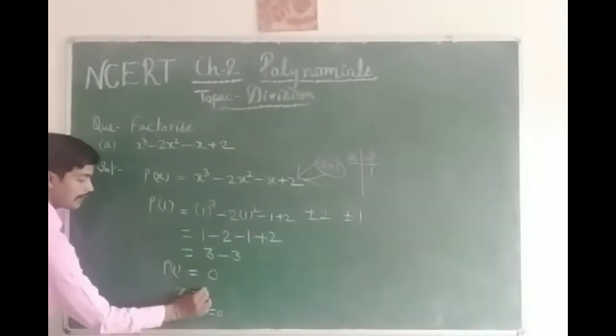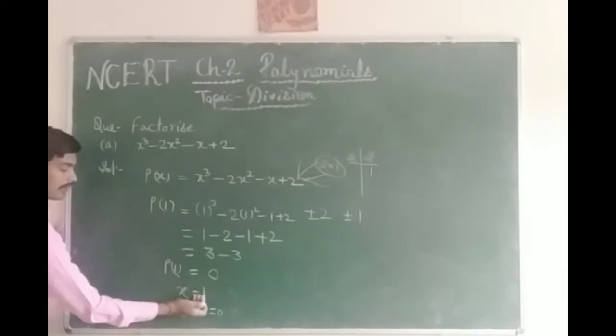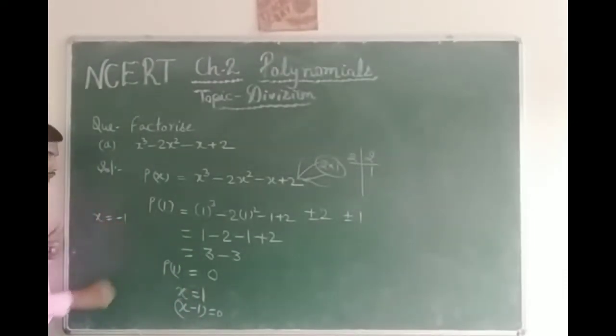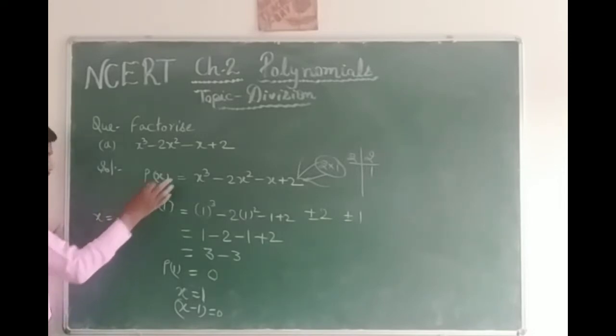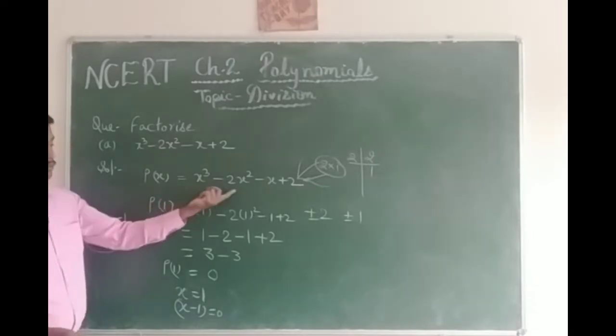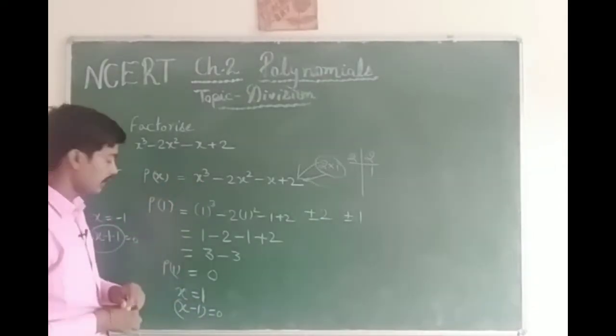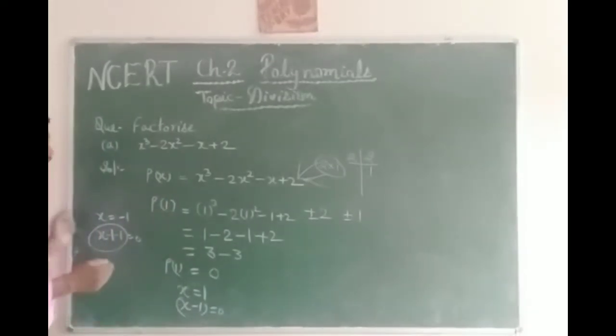Means whatever value makes this binomial zero, we write x equals that value. Let us suppose minus 1 satisfies this binomial, then when we transfer it to the LHS, it becomes x plus 1 equal to 0. It means x plus 1 would be the factor, but here x minus 1 is the factor of this. So we got a factor.